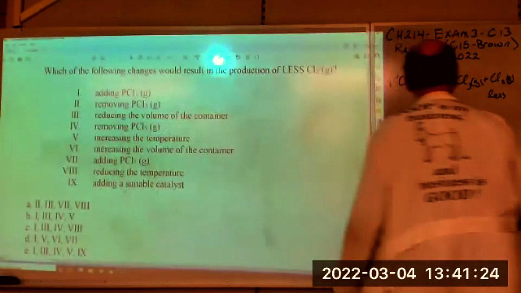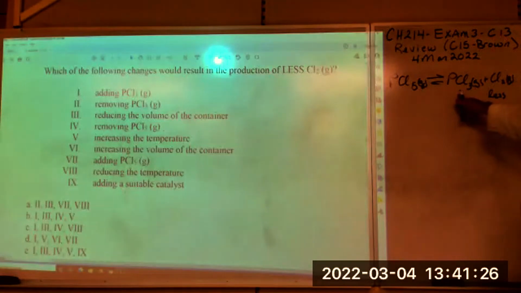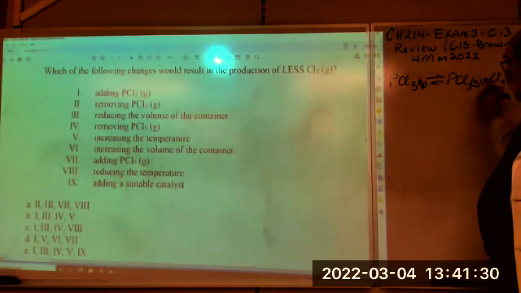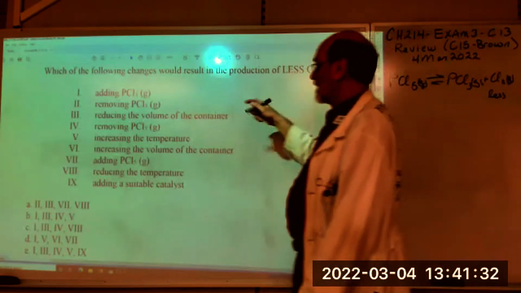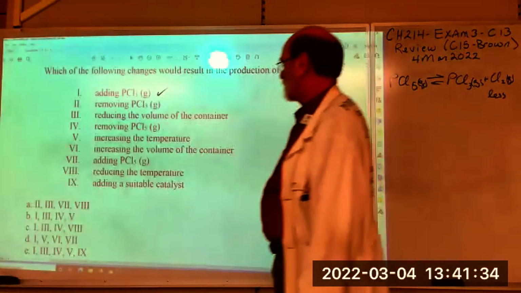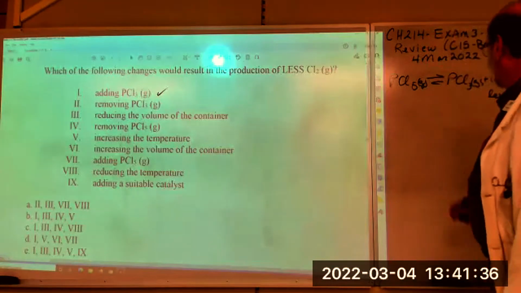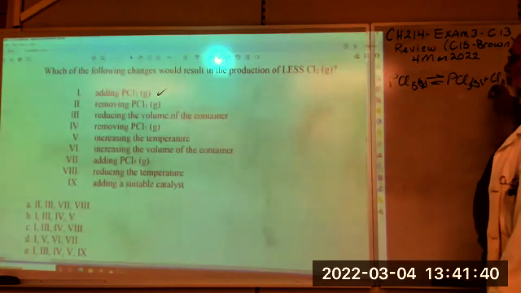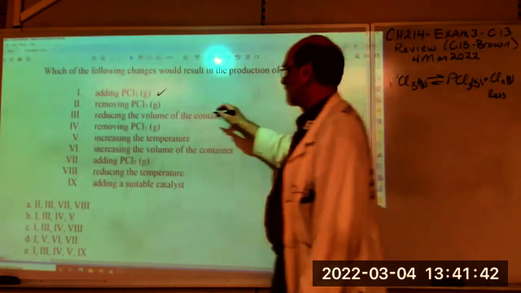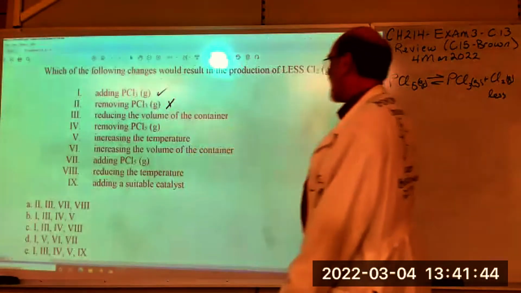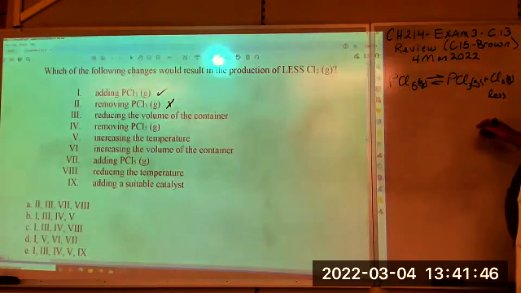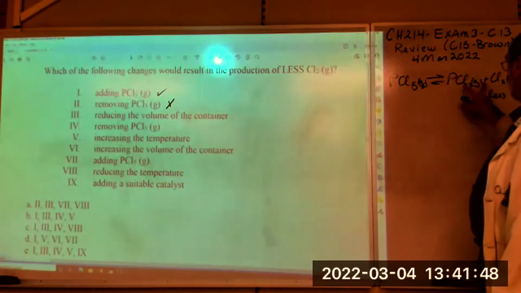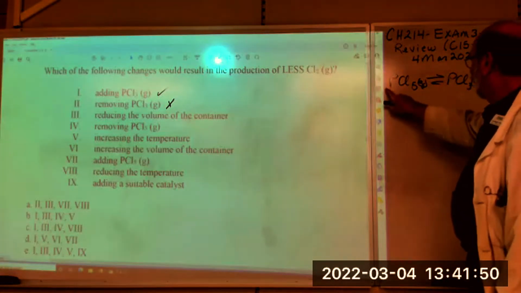Adding PCl3. Yep. If you add some of this, it's going to shift the equilibrium that way and have to consume some chlorine. Removing PCl3. Nope. Remove that one, shifts this way, makes more of that. Reduce the volume of the container. All right, gas, gas, gas. This is 2, that's 1.